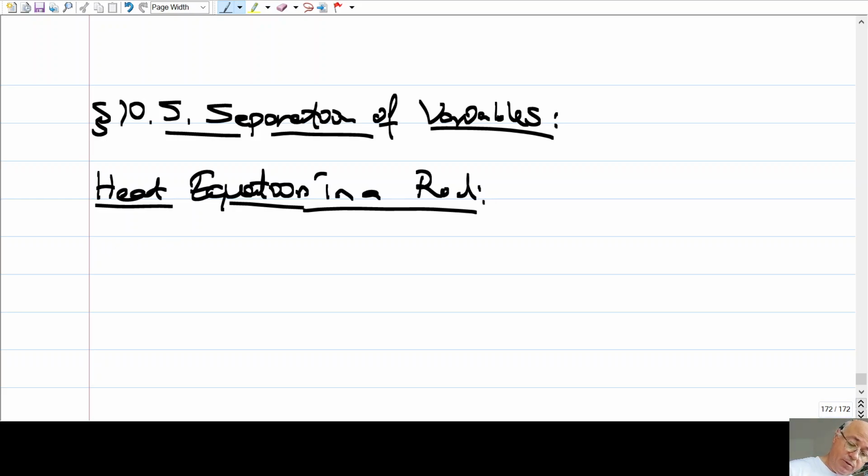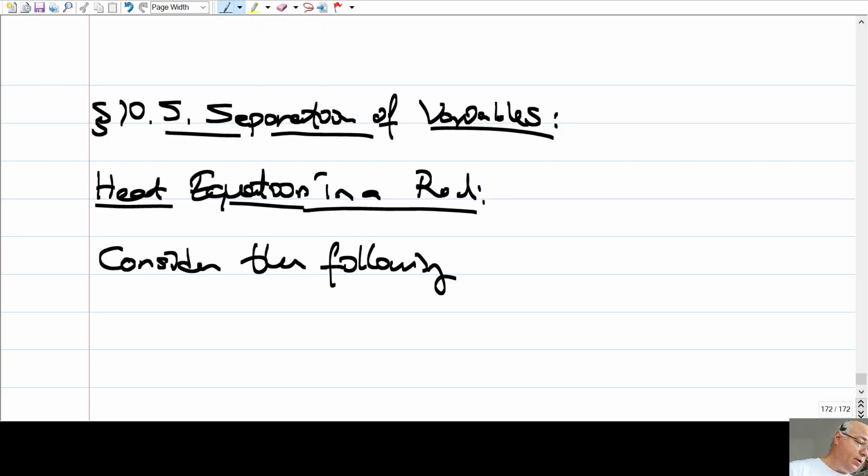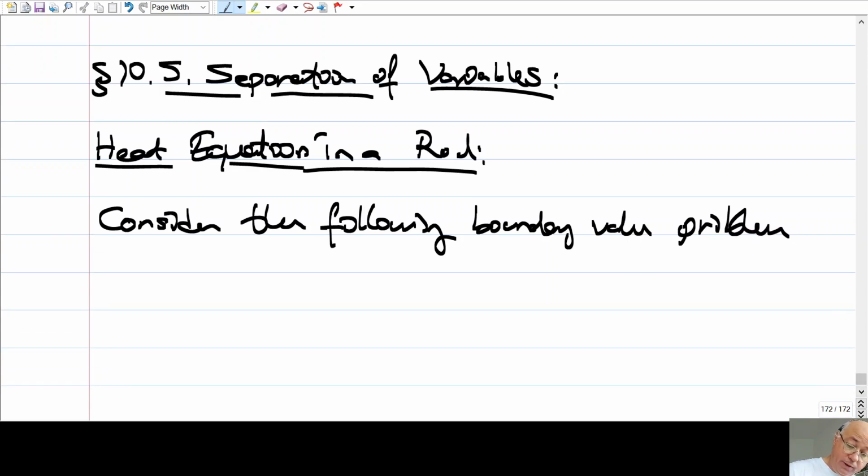Consider the following boundary value problem. We will call this a boundary value problem.